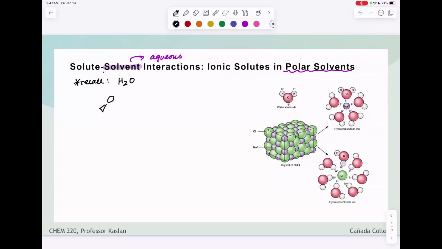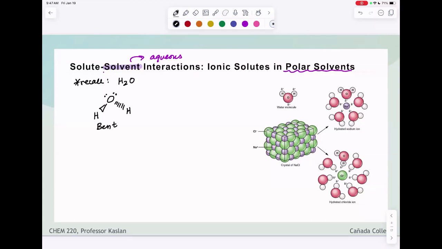So using our perspective sketch, wedge dash notation, the wedge indicates a hydrogen that is sticking out of the screen toward you. And the dash indicates a hydrogen bond that is sticking back behind you. With these two lone pairs on oxygen, this is a bent molecular geometry.